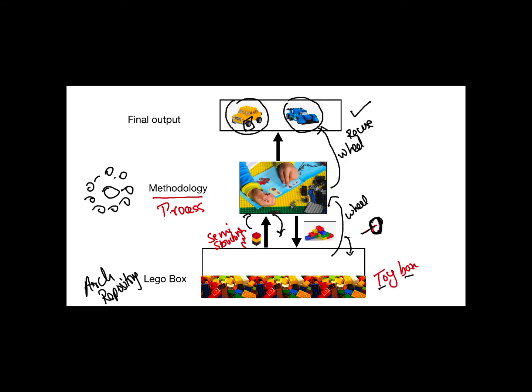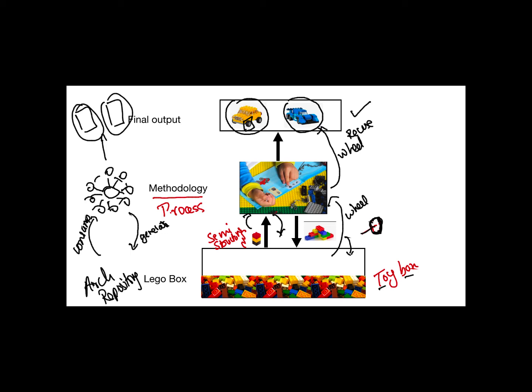As and when you go through the process, you generate certain artifacts to the repository, you consume certain artifacts from the repository, and then the final is the output, the final architectural product, some kind of a final solution.